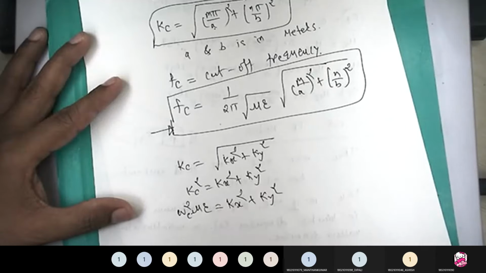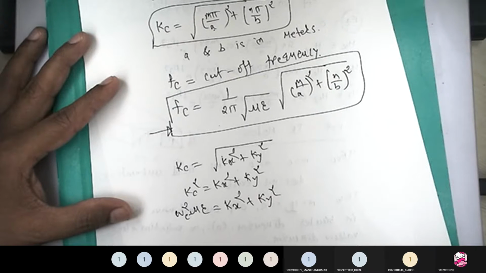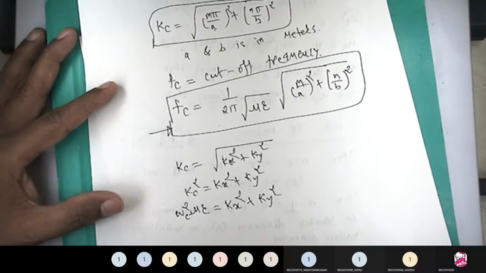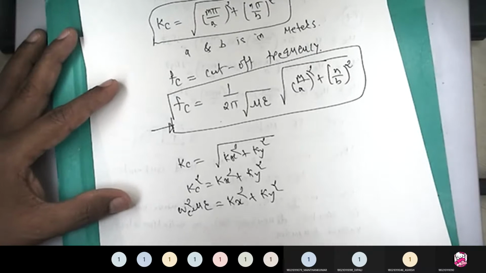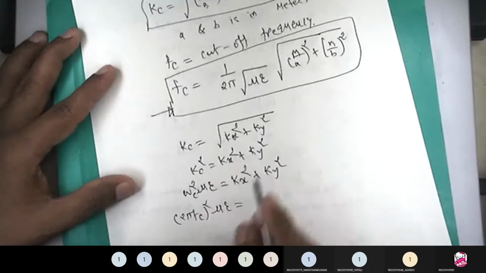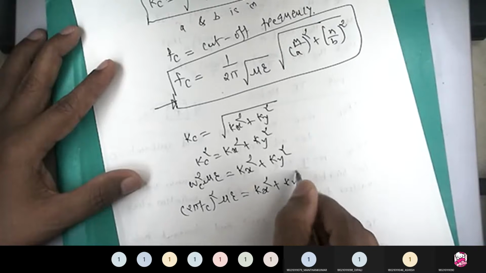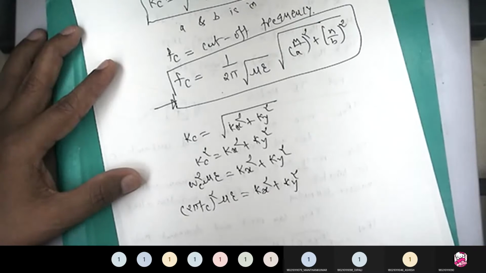If I have to find fc, I simply replace omega c with 2 pi fc. So (2 pi fc) whole square mu epsilon is equal to kx square plus ky square.